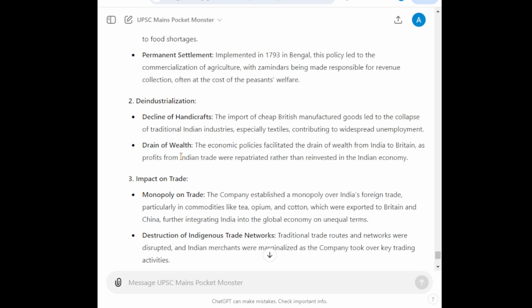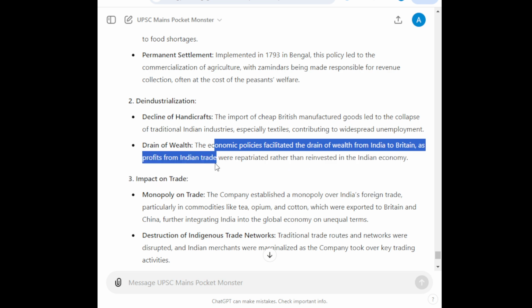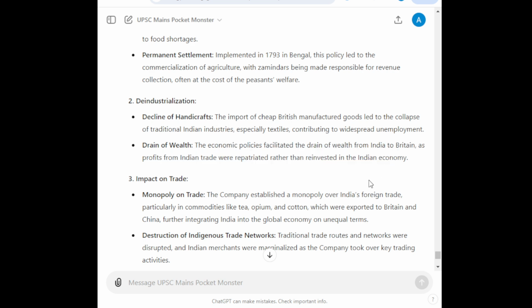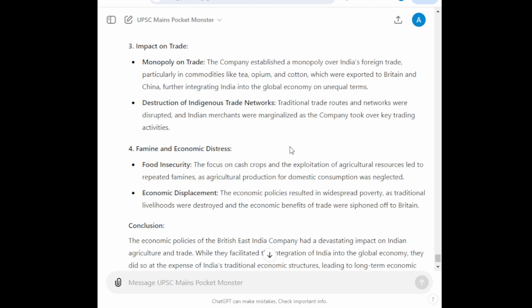Drain of wealth: the economic policies facilitated the drain of wealth from India to Britain, as profits from Indian trade were repatriated rather than reinvested in the Indian economy. That is the perfect critique.